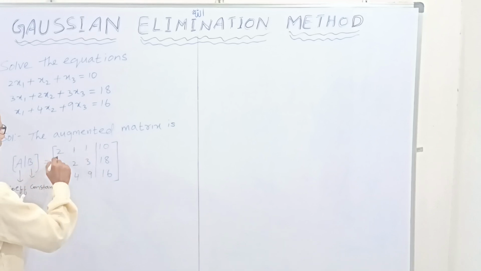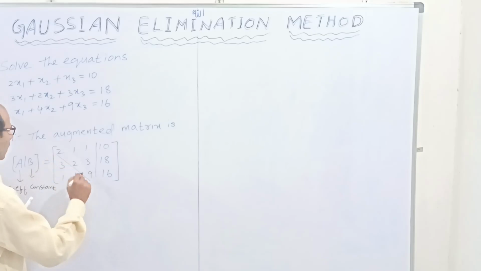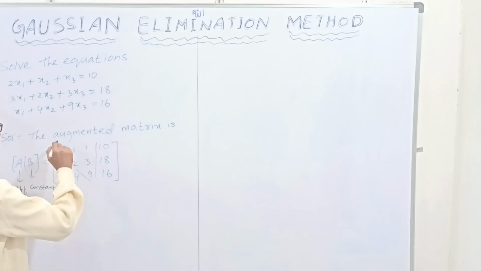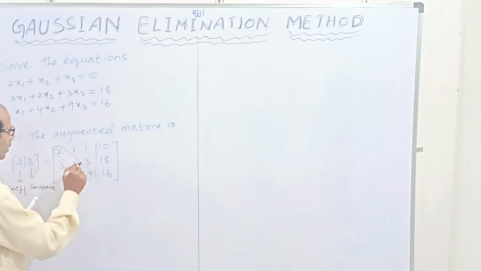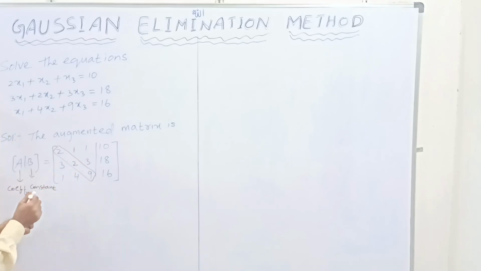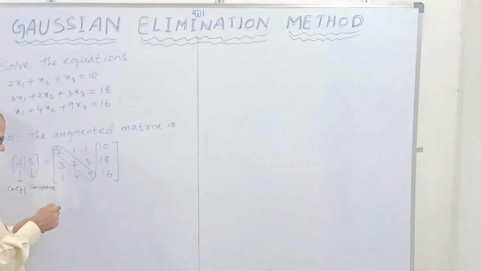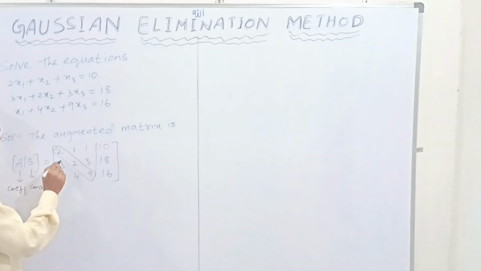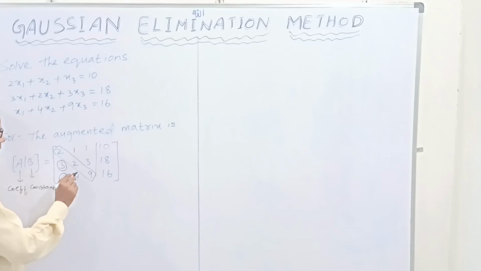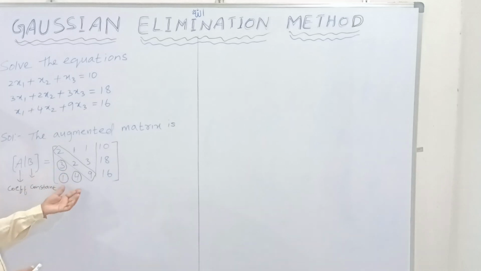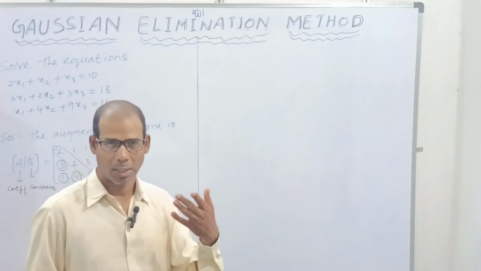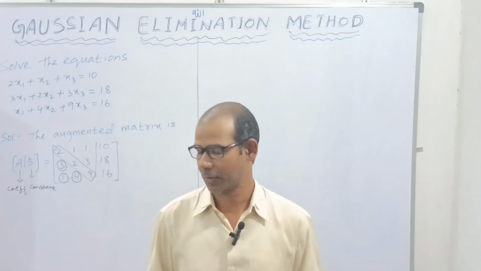If we see the diagonal, we'll try to make the elements below the diagonal as zeros. So now we have to make this element as 0 and this element also as 0 and this element also as 0. Then if I make these three elements as 0, this augmented matrix will be reduced into an upper triangular matrix, right?